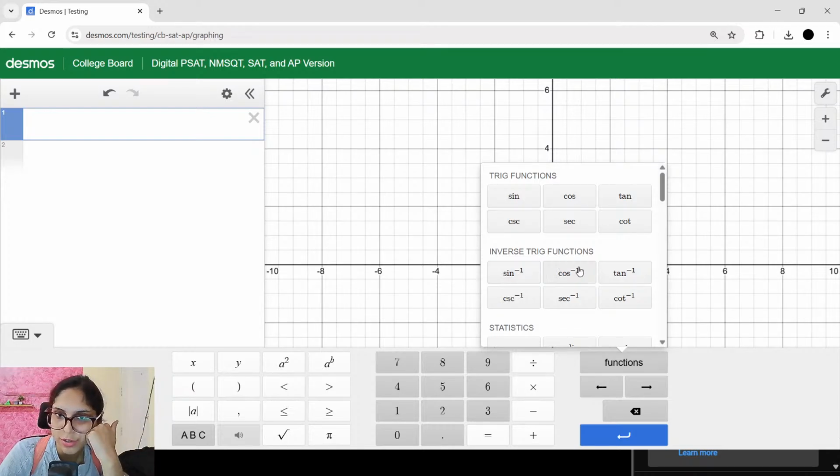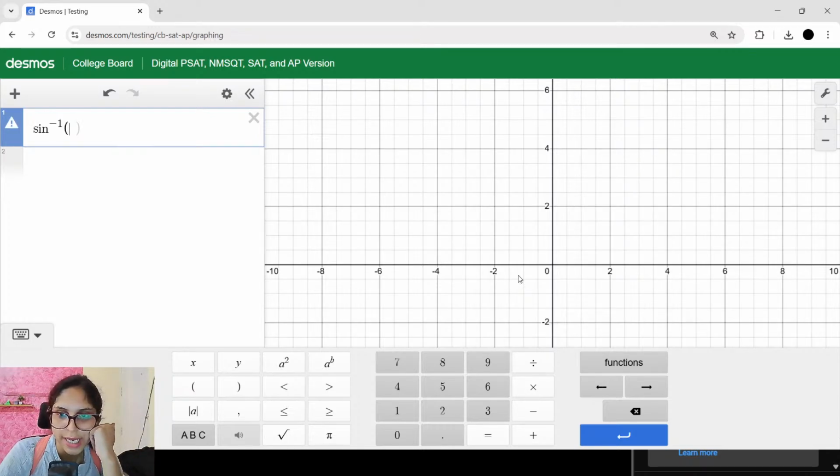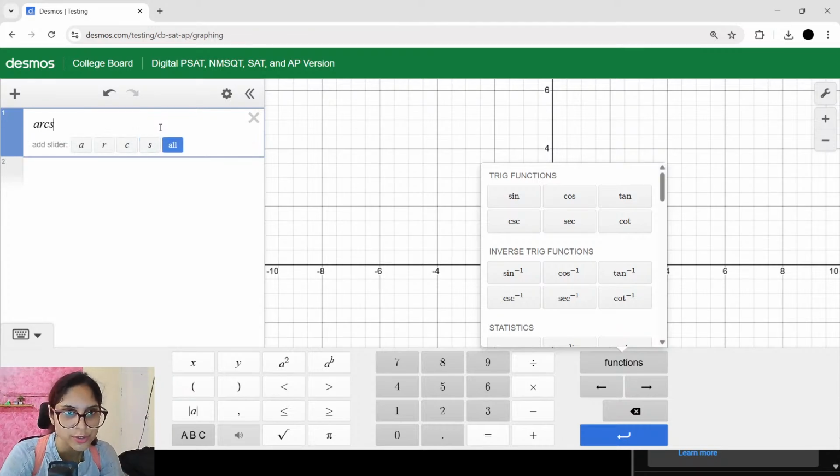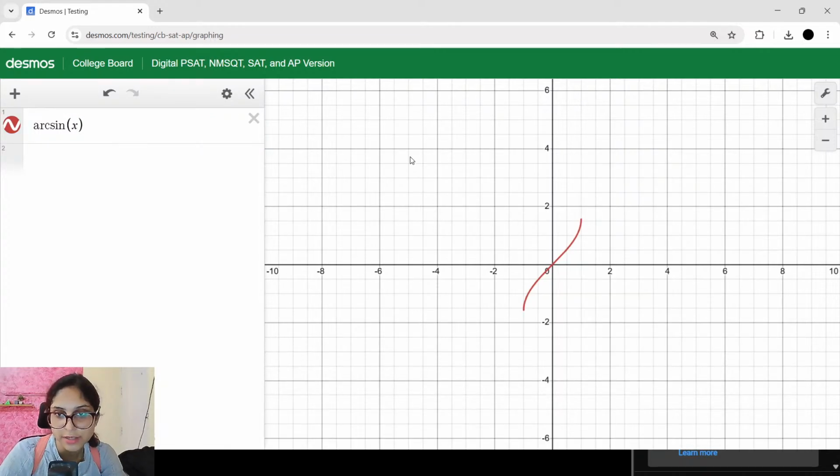Now, apart from trig, you can also do inverse trig functions. So sine inverse, cosine inverse, tan inverse, cosecant inverse, secant inverse, cot inverse. You can get it from here. Or you can also type arc sine. That also gives you your sine inverse function.